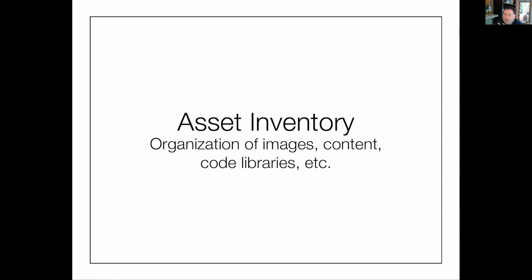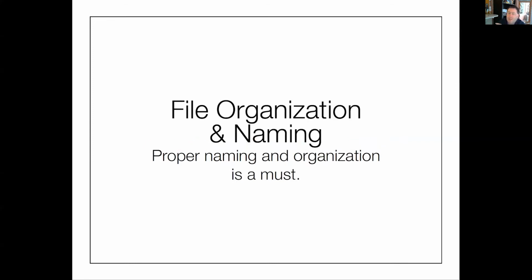In graphic design, we can essentially have things all over our computer. In website design, you have to have things in a very organized manner. Things need to be placed in certain folders and named certain ways in order to actually have it work very well in website design. You have to maintain organization as much as possible.